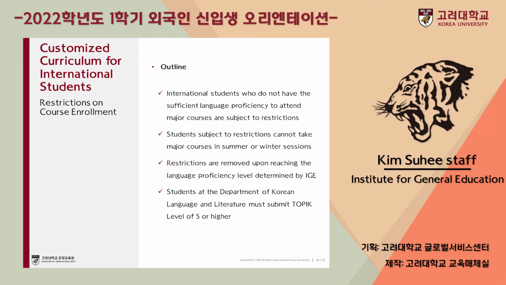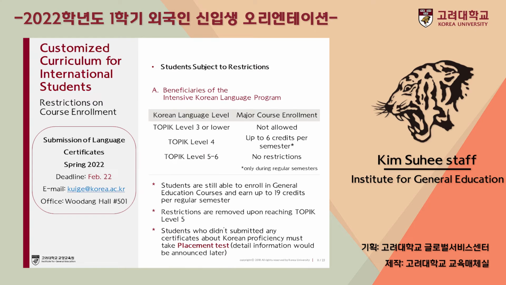The Department of Korean Language and Literature has its own rules for restrictions on course enrollment. So if you belong to this department, you must submit a certificate of TOPIK level 5 or higher to get the restriction removed.